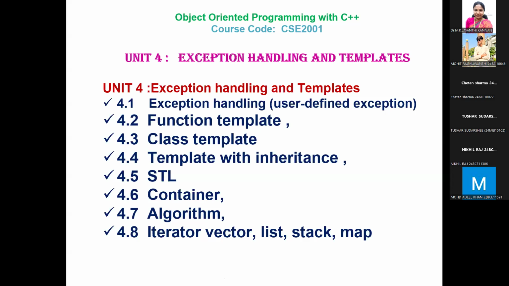Within templates, we have function templates and class templates. In friend functions, we saw two types, friend class and friend functions. The same way we have two types of templates, function templates and class templates.